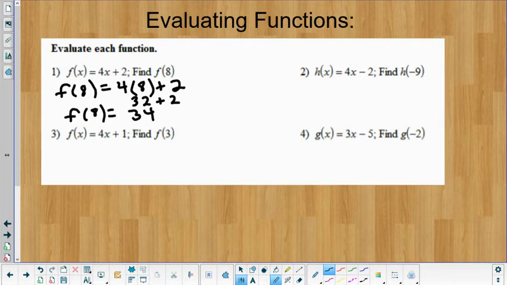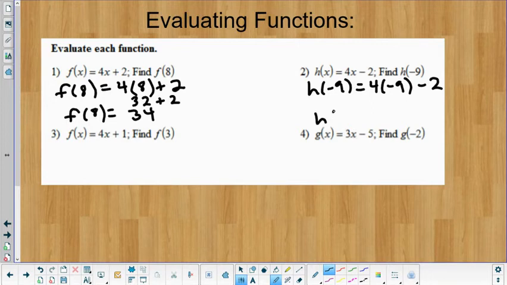Okay, go ahead and pause your video and see if you can try the next 3. Okay, so this one here, they tell us they want h of -9. So I'm going to go ahead and substitute that into the name of the function. Okay, and then I'm also going to substitute my x is going to become -9. All right, so remember, this is just the name.